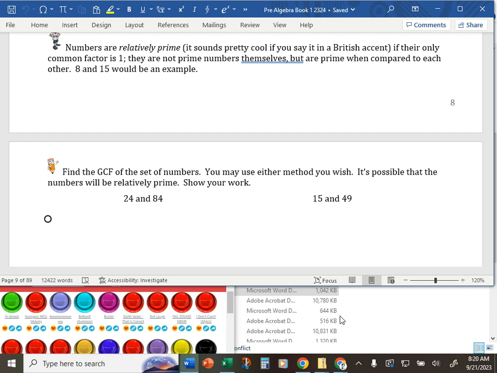Numbers that are relatively prime. Good job. Anybody else? Go, Jenny, go. I don't practice my British accent. Jillian, give it a shot. Without Great Britain, we wouldn't be a country. Numbers that are relatively prime.